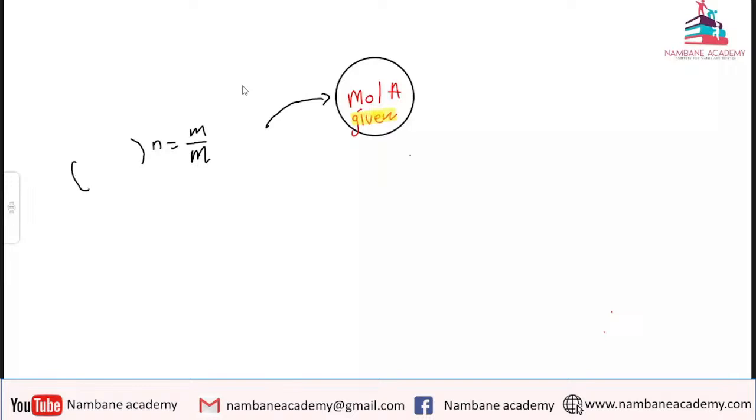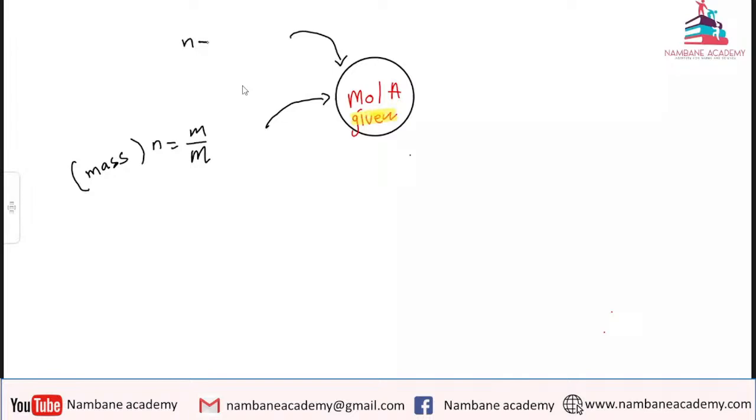When I am given the mass. Can I use another equation? n is equal to N over NA? Of course I can, because it also has the element of mole concept. So I can use that in order to get the number of moles.